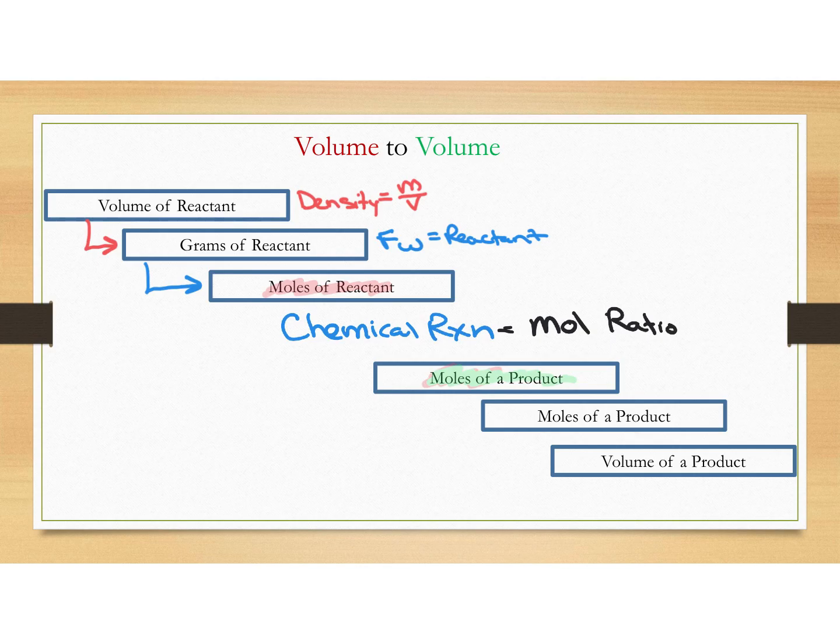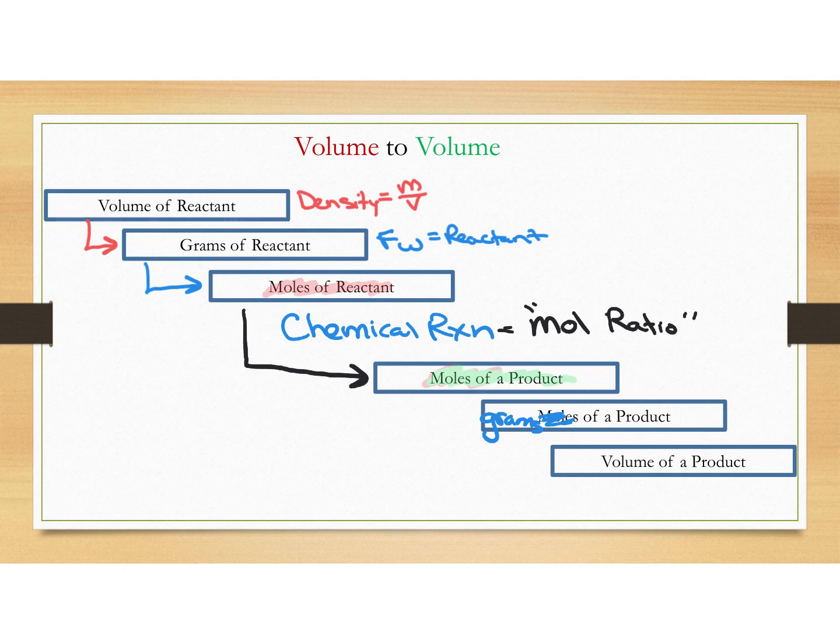I use those coefficients out in front of my equations in order to go from one reagent to a product. So I'm going to use that mole ratio. Now I must go from moles of a product to grams of a product.